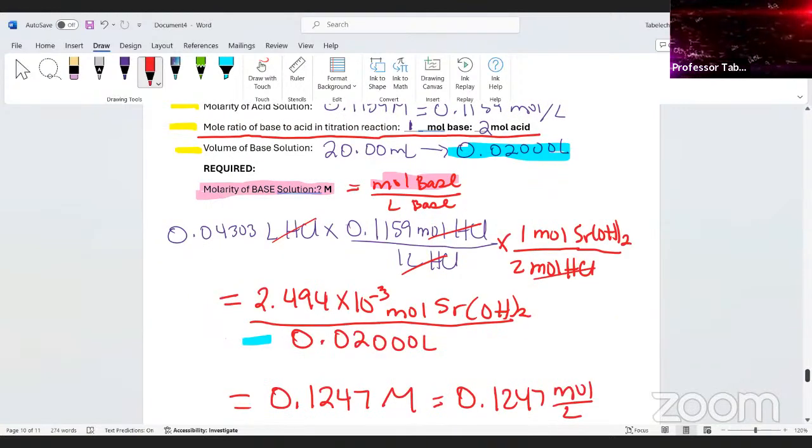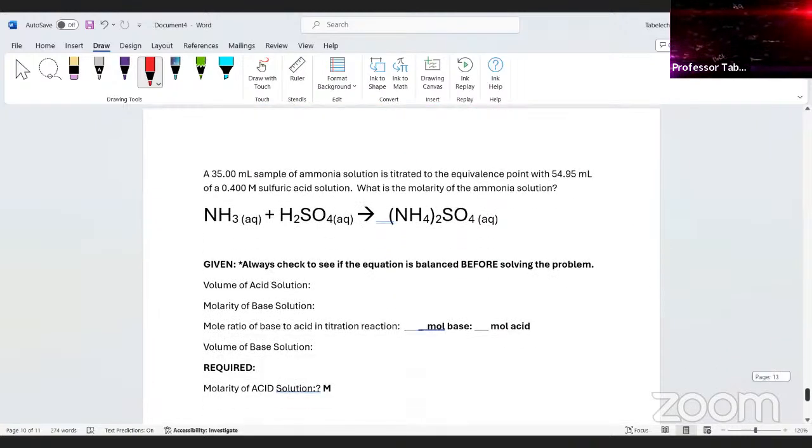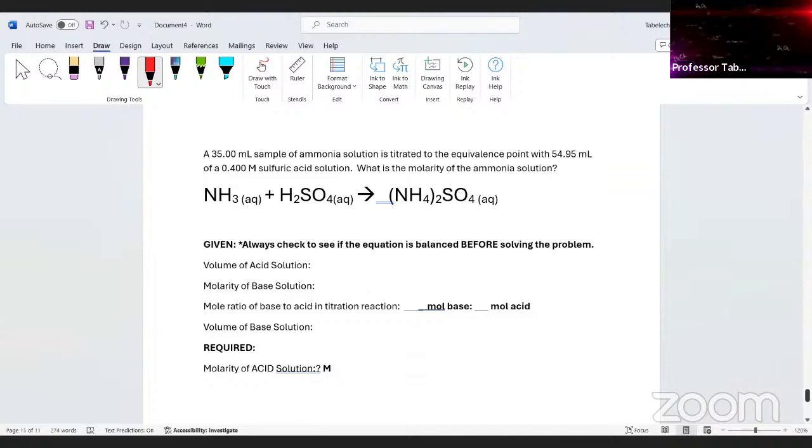And it will be doubly wrong. There is an answer in your multiple choice questions that would be based on doubling the molarity. So this is why I'm telling y'all, always check to see if the equation is balanced before solving the problem, such as this one.